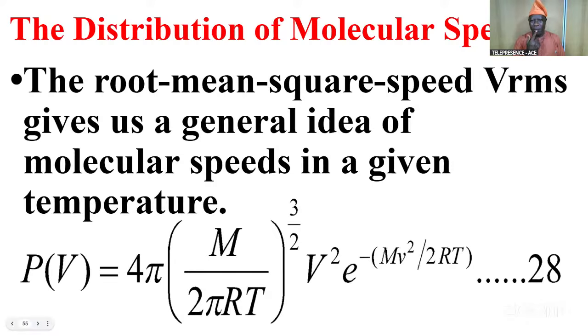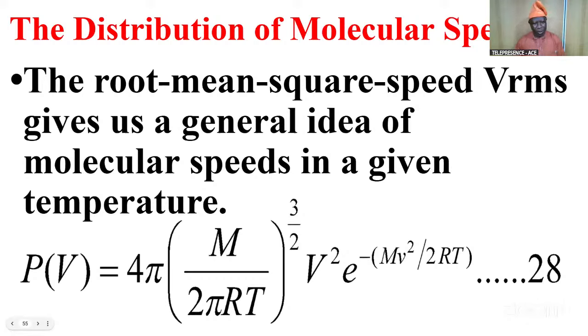So the distribution of molecular speed is the final topic now. The root mean square speed gives us a general idea of molecular speed at a given temperature. Take note that we have ignored the issue of volume as in an ideal gas. We are dealing with temperature now, so the equation will change.